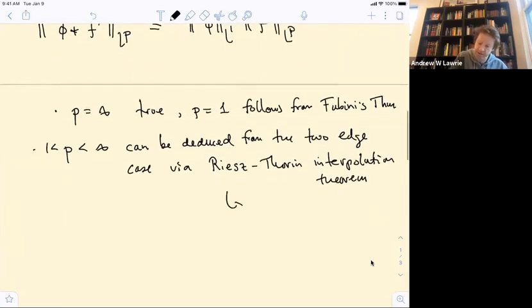I'm not going to prove the interpolation theorem today, but there's a wide class of theorems called interpolation theorems. This is usually taught in a graduate, say, functional analysis class or something.